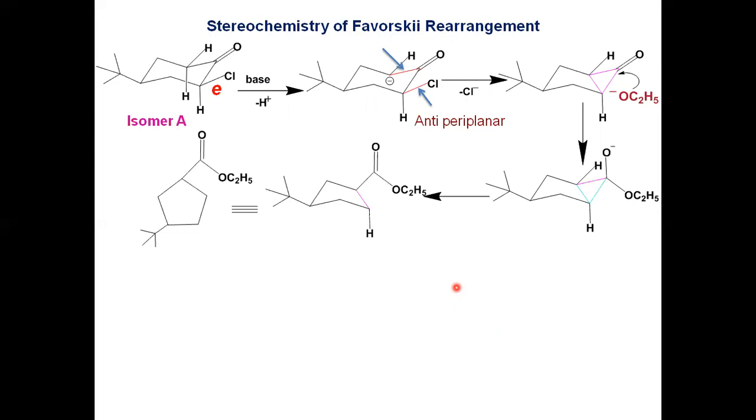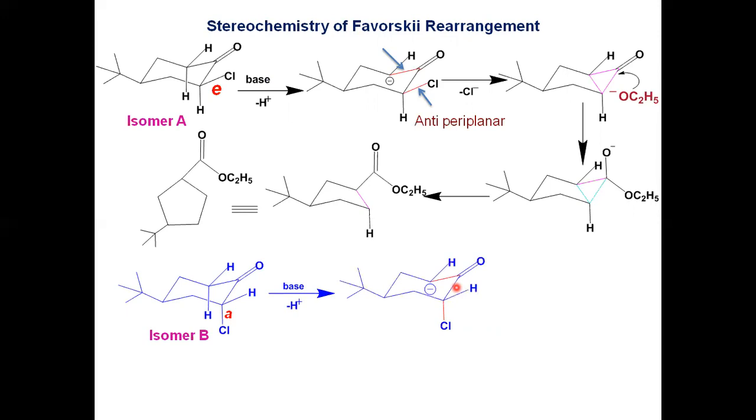What happens in the case of isomer B, where chlorine is present in the axial position? When the base abstracts a proton and forms a carbanion, you can see the bond of the carbanion and the bond of the leaving group are not anti-periplanar, but perpendicular.